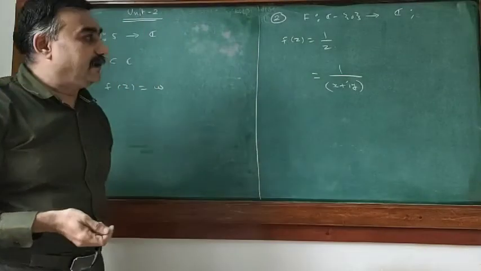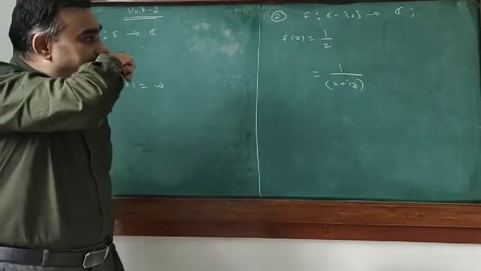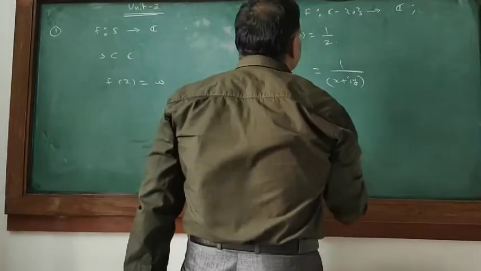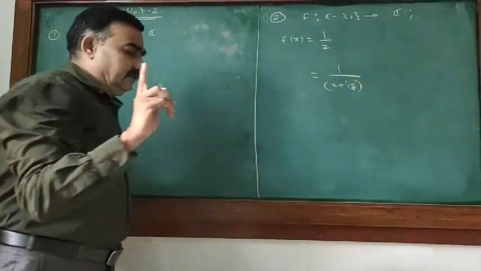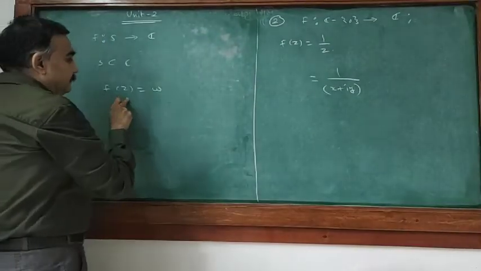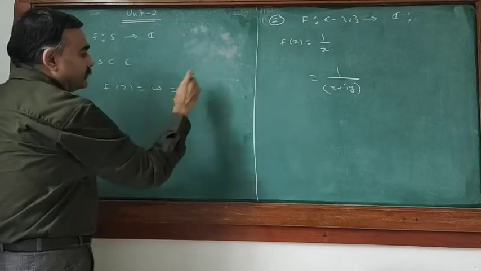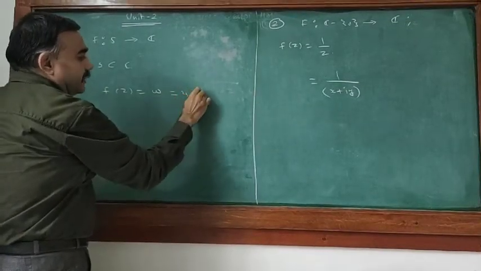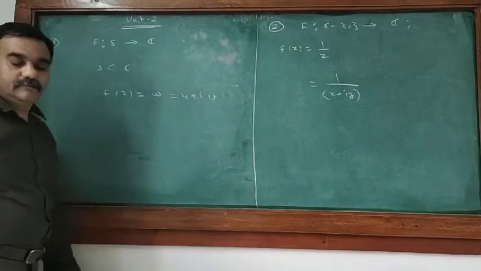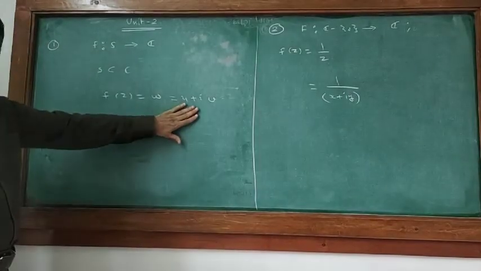Now I want to simplify this. And keep in mind that z is x plus iy, omega is u plus iv. Whenever it is required, I will use it.